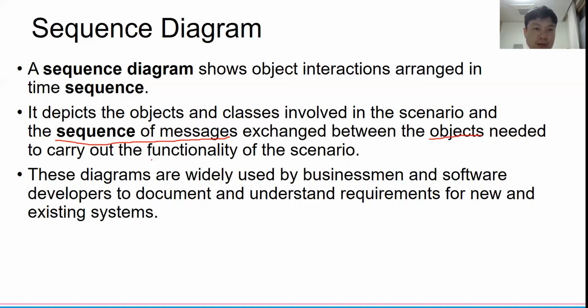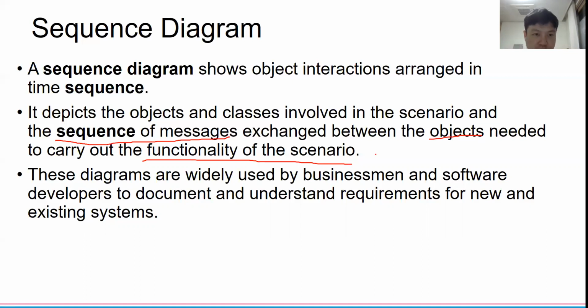And we have the scenario. Say you go to the ATM, so you need to put the card into the ATM machine. And after you put the card, then there will be a menu, and they will ask you what is your PIN number. So the menu knows about that particular task because you already inserted your card. That kind of sequence of messages between the objects should be designed.